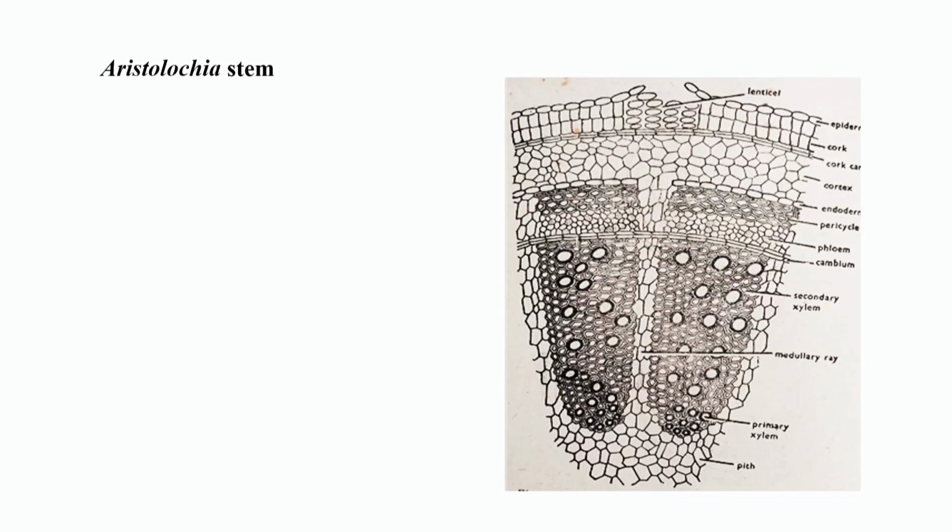Now next is the Aristolochia stem. In this you will see normal vascular bundles. In this case there isn't any anomaly found before secondary growth formation. That means before secondary growth formation there will be a normal ring of vascular tissue.